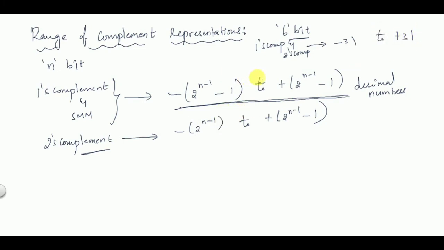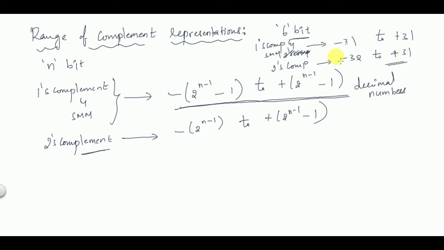And for 2's complement, you can represent from minus 32 to plus 31.